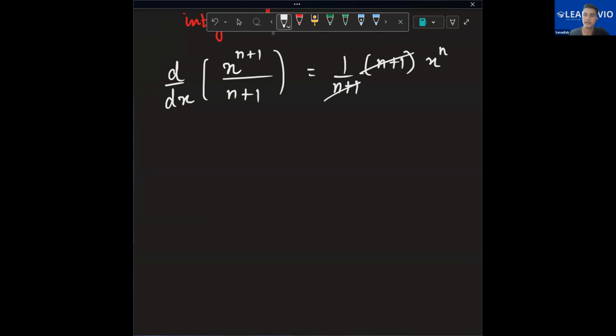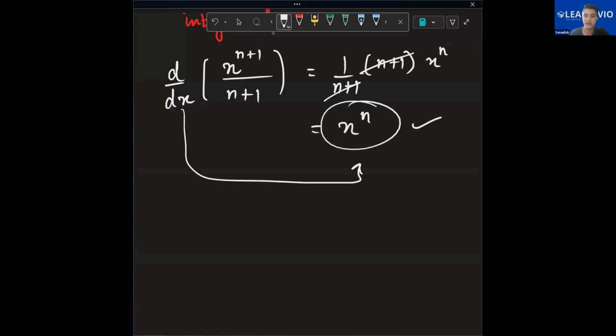So this and this get cancelled out, and we are left with only x^n. So this is the derivative of this. In integral, we know that integral is an antiderivative. So when you integrate this x^n, you will get this result.